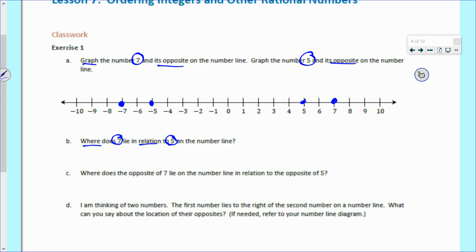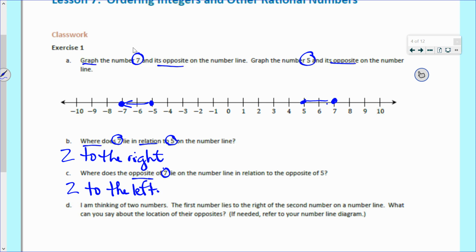In relation to 5, I'd have to go 2 to the right to get to 7. What about the opposite of 7 in relation to the opposite of 5? To the left by 2. So it's 2 to the left.